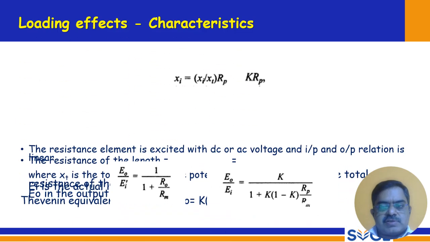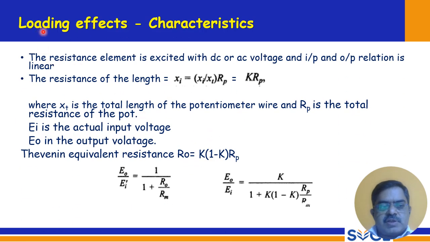So next is the loading effects characteristics. The resistance element is excited with DC or AC voltage and the input and output relation is linear. The resistance of the length is Xi. So Xi by Xt into Rp, which can be marked as K into Rp, where Xt is the total length of the potentiometer wire and Rp is the total resistance of the pot. Ei is the actual input voltage, E0 is the output voltage.